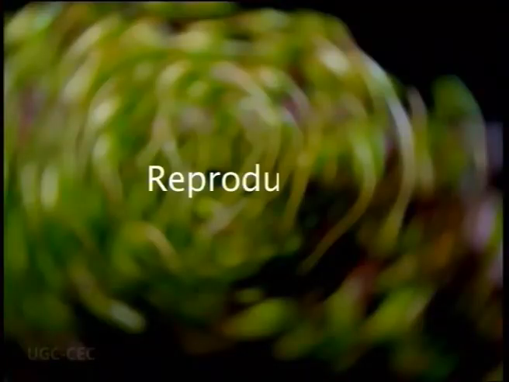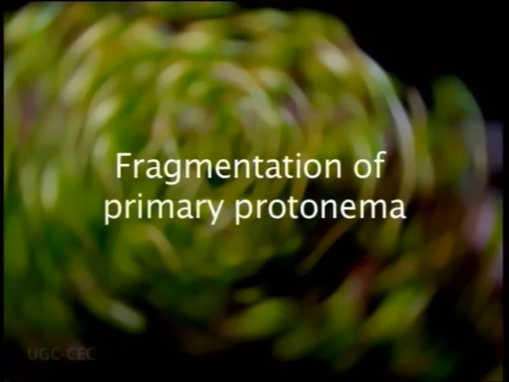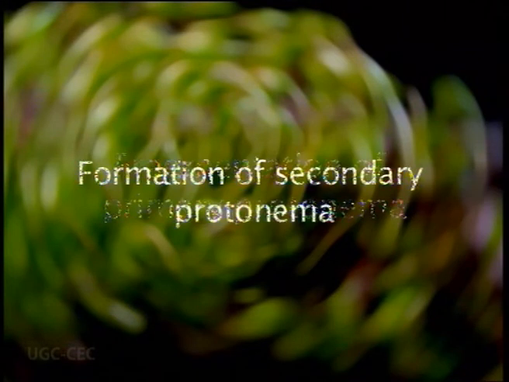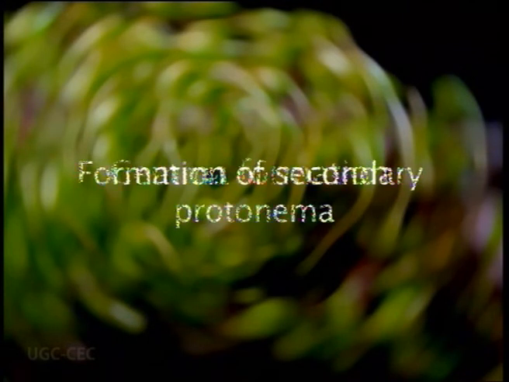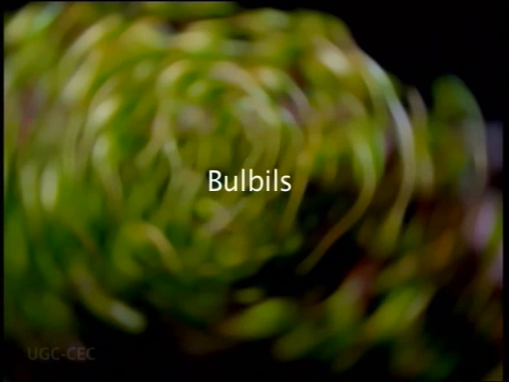Now, let us try to know something about reproduction of this genus. Funaria reproduces both vegetatively and sexually. Vegetative propagation in Funaria takes place by fragmentation of the primary protonema, formation of secondary protonema, gemma formation, bulbils and apospory.